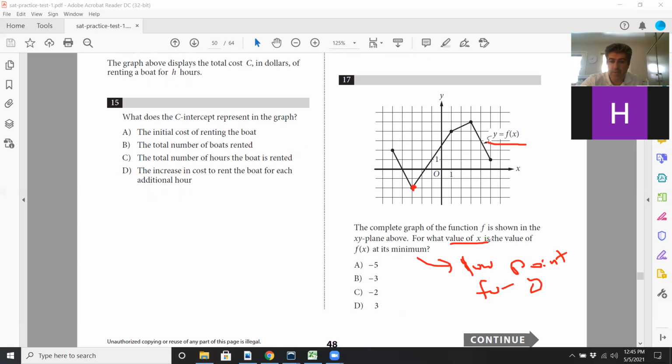And then you want the x value that goes with it, not the actual y value. The actual y value is -2, but if you check carefully, it's the point -3, -2. So the x value that goes with it, of course, is -3. And that's what they wanted. And I would say C is a trap if you're not reading carefully.